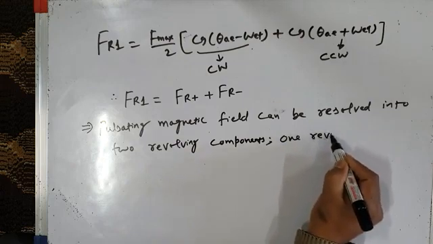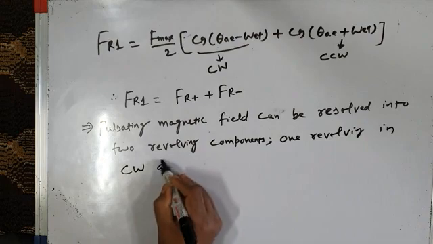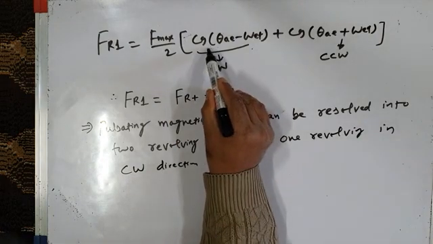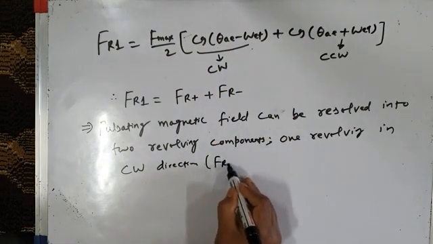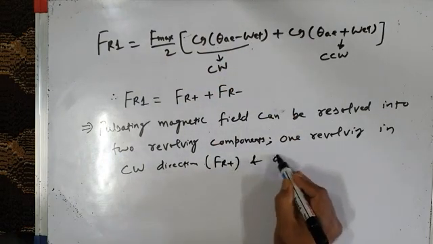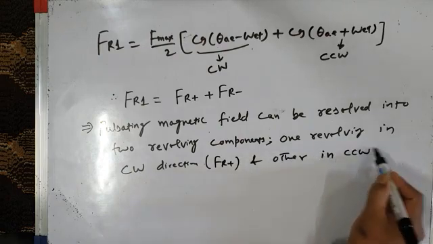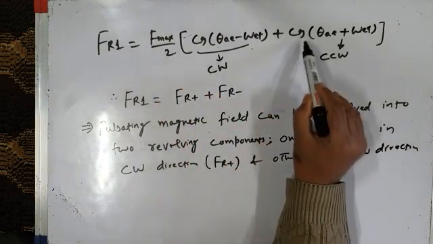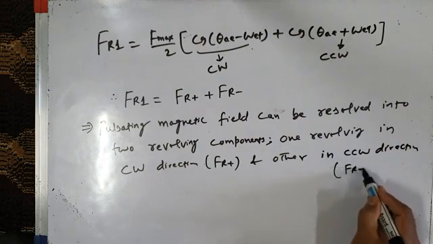One revolving in clockwise direction, which is given by F max by 2 times cos of theta AE minus omega AT, and is represented by Fr plus, and the other in counterclockwise direction, which is given by F max by 2 times cos of theta AE plus omega AT, and is represented by Fr minus.